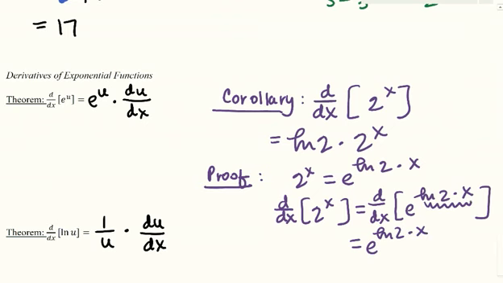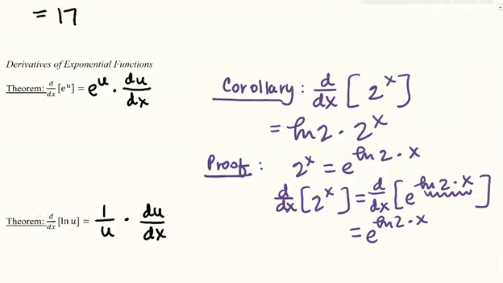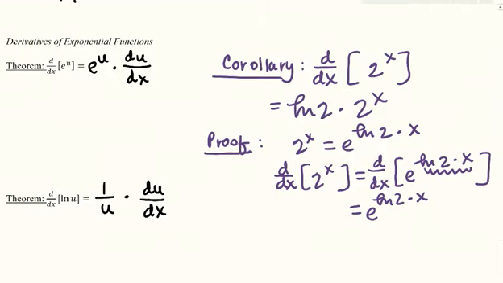We've got natural log of 2 multiplied by x. And natural log of 2, that might be a scary looking number to you, but at the end of the day, it is just a number. So the derivative of natural log of 2 times x is just going to be log of 2. So multiply that by log of 2. And then I could put the pieces back together and say e to the log of 2 is 2. So that's 2 to the x multiplied by the natural log.